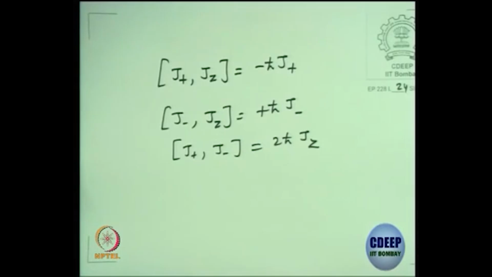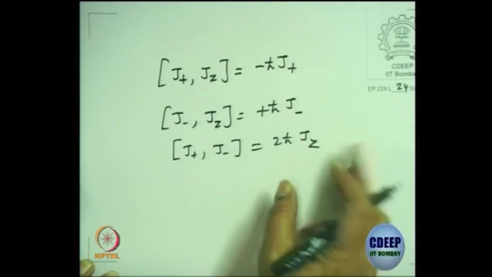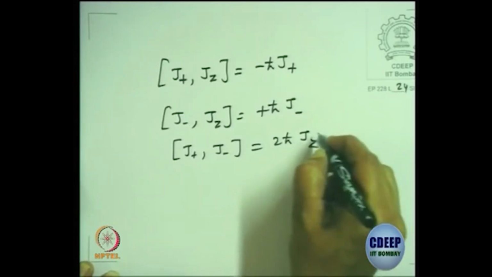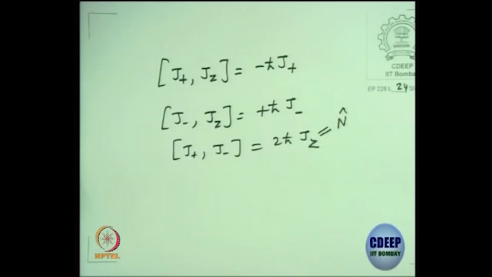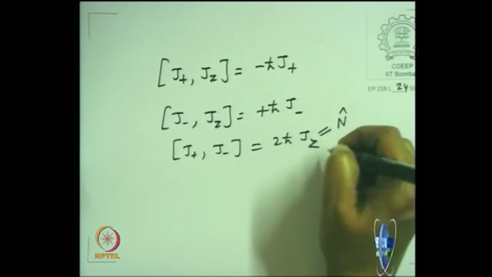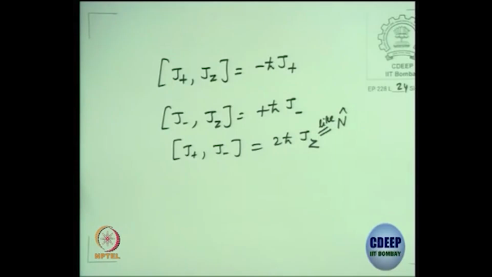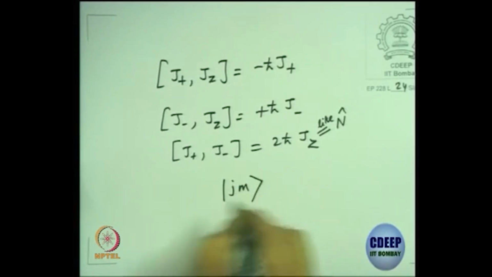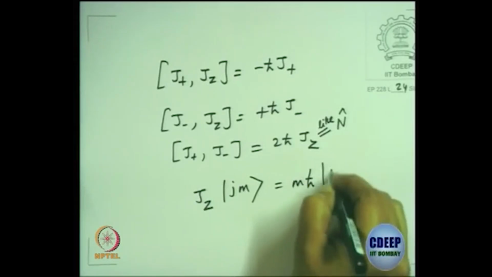Now let's compare with the harmonic oscillator. We said that the states are eigenstates of Jz from the hydrogen atom experience, right? So this is similar to your number operator, roughly, not exactly. If I write my state as Jm, Jz operator gives you M H cross Jm.